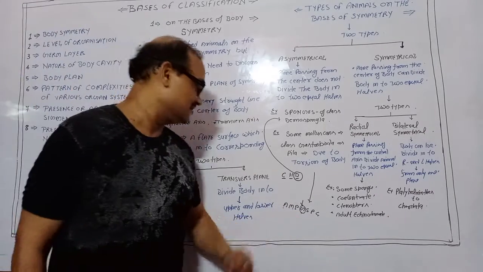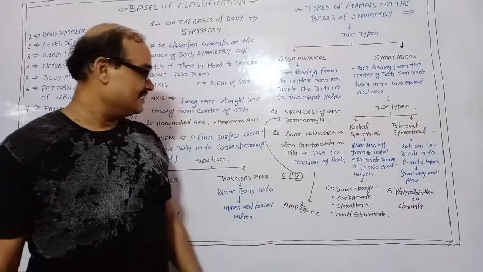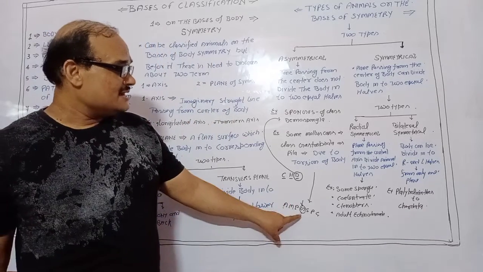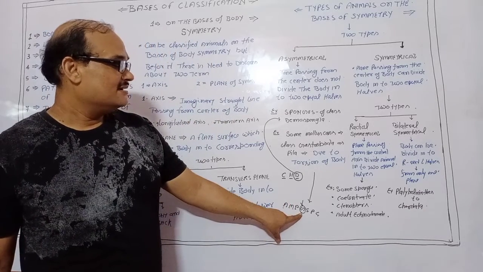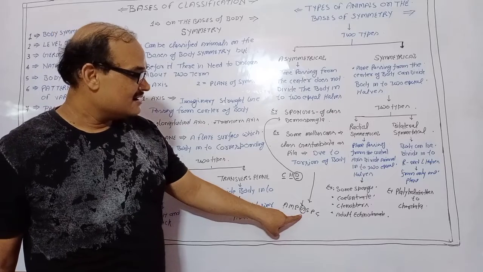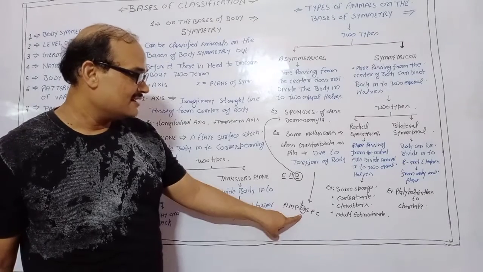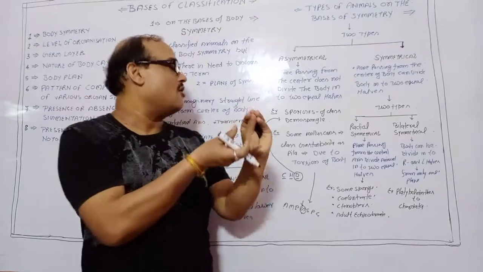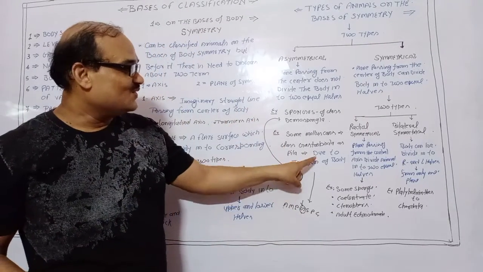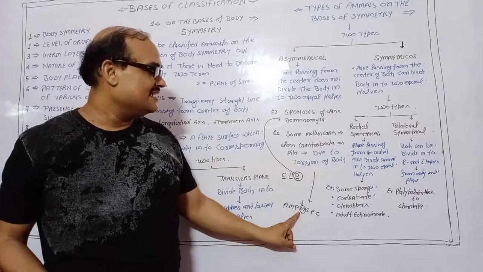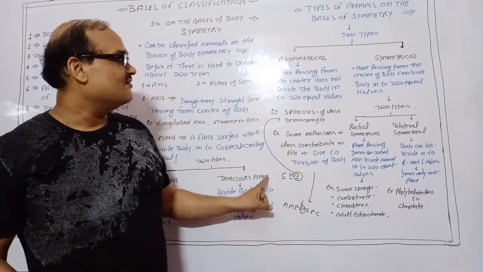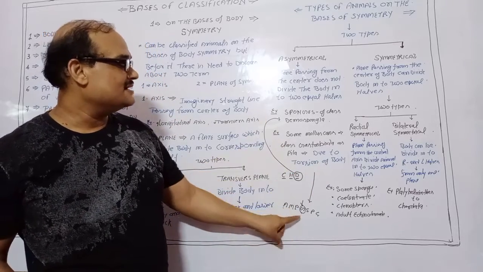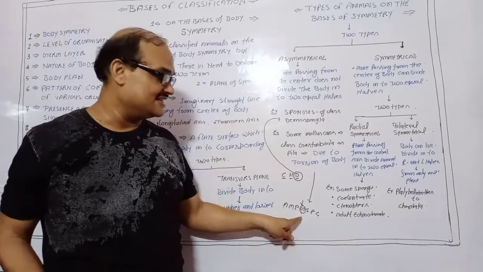First question: why are these asymmetrical? During their development, their larvae are bilateral symmetrical. But in the adult, due to torsion, means twisting of the body, the body changes from bilateral symmetrical to an asymmetrical state.